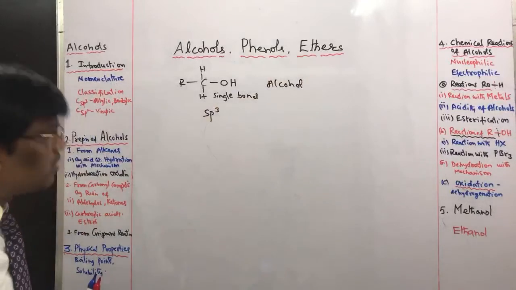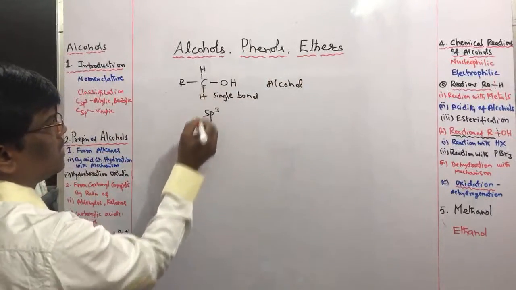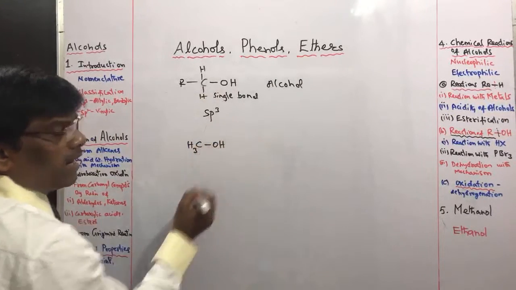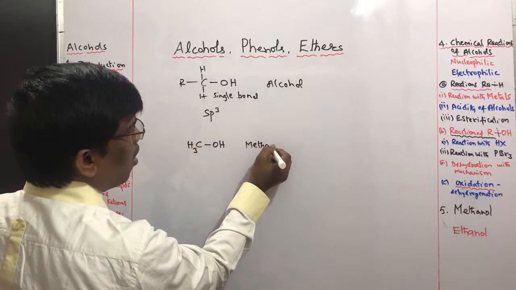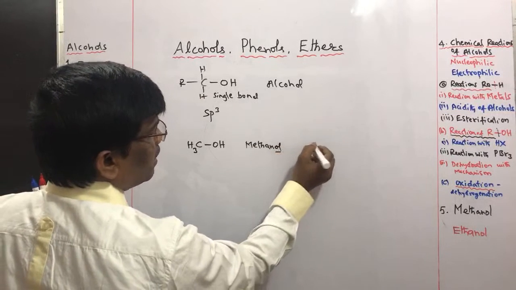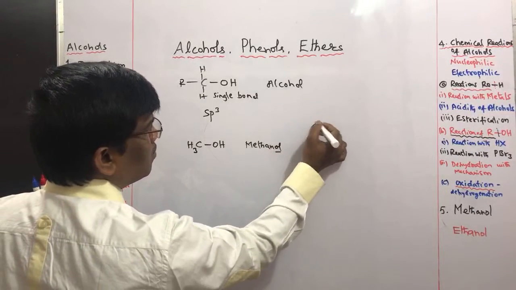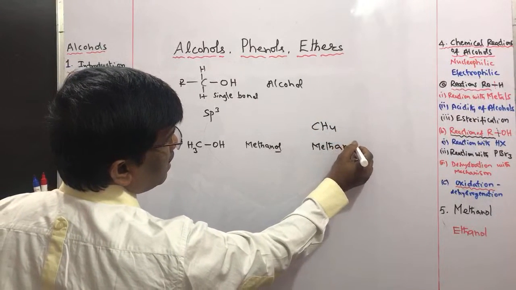Yes, students. If it is attached to methyl, it is known as methyl alcohol or methanol. The common name of this compound is methanol. However, how to name it? If it is methane, CH4, we write methane.